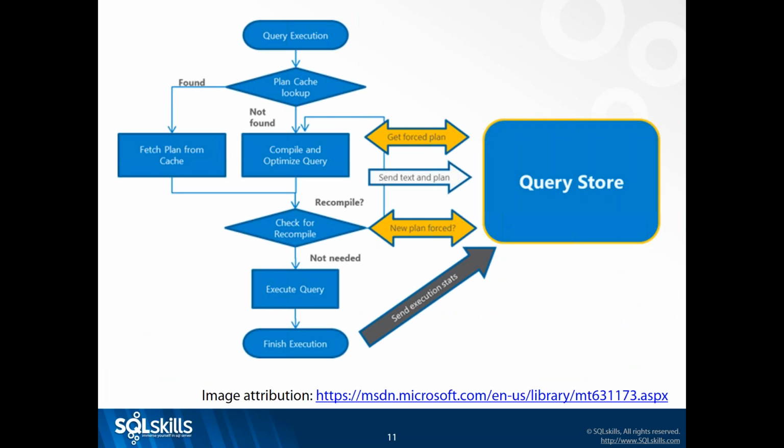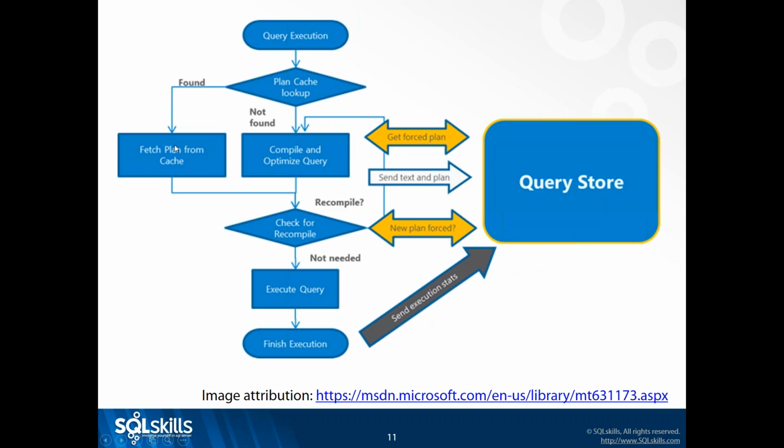If you think about query execution and wonder where Query Store fits in, this image explains that. If you start at the top where we talk about query execution, when you submit a query to SQL Server, every single query has to have a query plan generated. So there's a lookup to see whether the plan for this query exists within the cache.